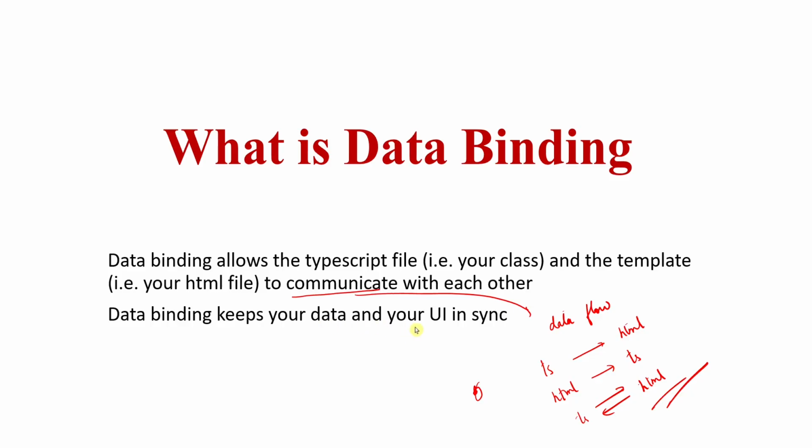It keeps your data and your UI in sync. It means whatever we are displaying on our UI is correct data and not a stale one. For example, let's say my username is Ruchi Pundora. When I open an application for the first time, it will show me Hi, Ruchi Pundora. So this was saved in the application database. That username of this user is Ruchi Pundora.